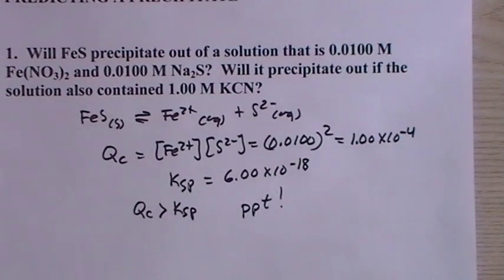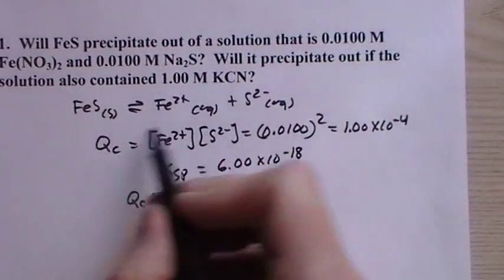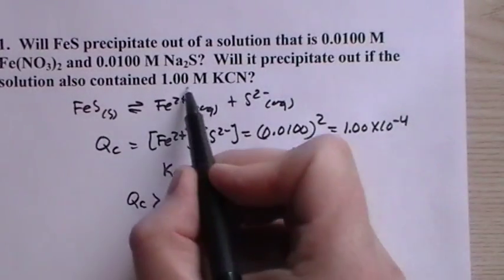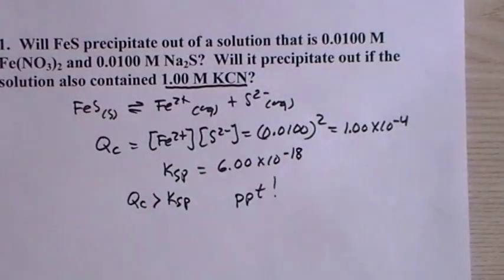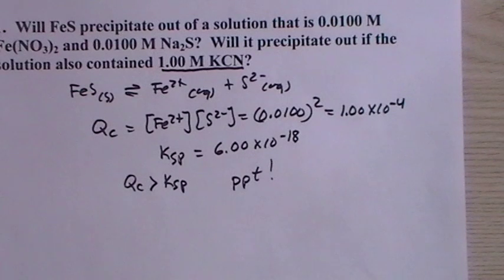So the point of this problem is to say, well, what if instead of just having them on their own, we mix them in with a solution that contains a counter ion that can cause a complex ion to form. And if you look at all the complex ions, they're all ions. They're all water soluble.